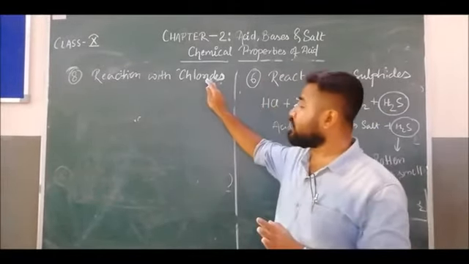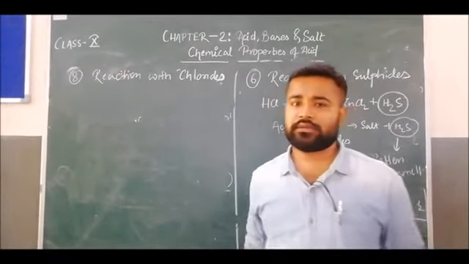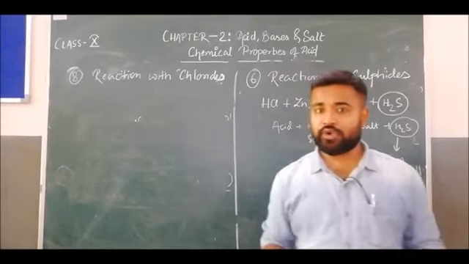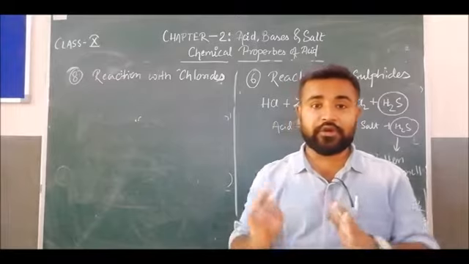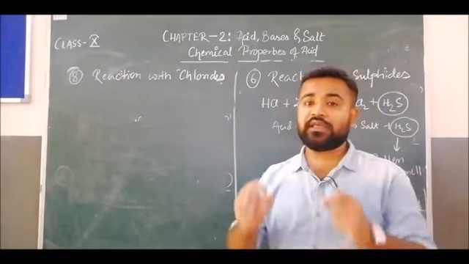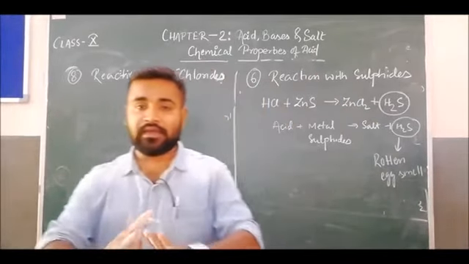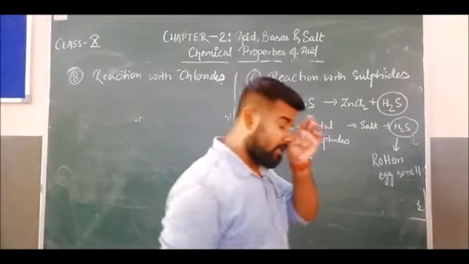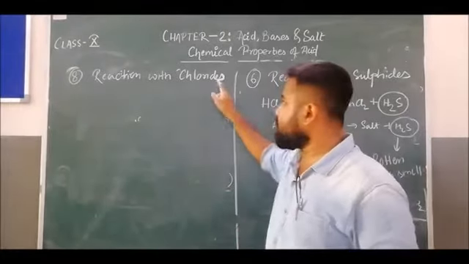I have written chloride, not chlorine, meaning a salt of chlorine, for example NaCl, sodium chloride. Only chloride, not fluoride, not bromide, not iodide. Chloride reacts only with concentrated H2SO4, no other acid.